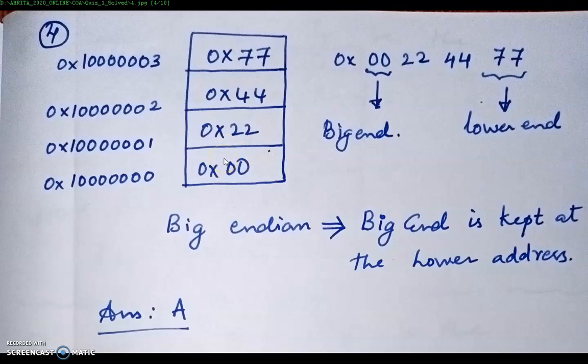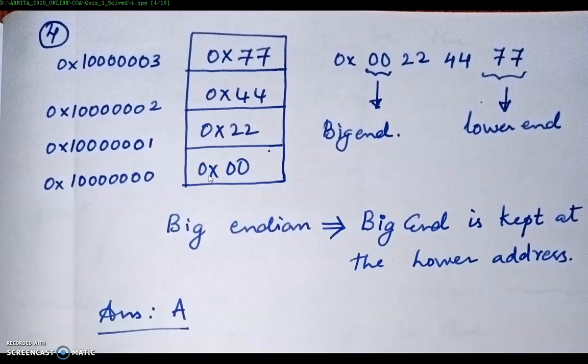So the answer to the question is option A. What they have asked is, what is contained in the address 100? So 100 is the first address, the lowest address. The lowest address contains the big end in big endian format. The lower end is contained in the lowest address if it is a little endian format. So you have to be very clear.